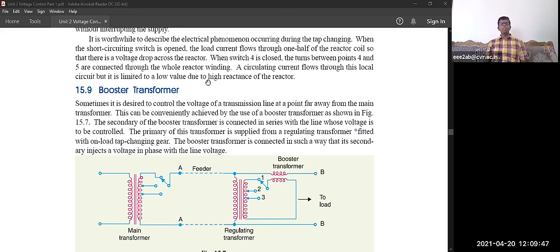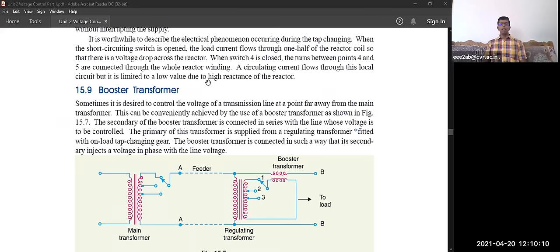In that scenario, say for example, you are at the last end of the poles to which that substation is connected. In that scenario, you will be receiving the voltage.